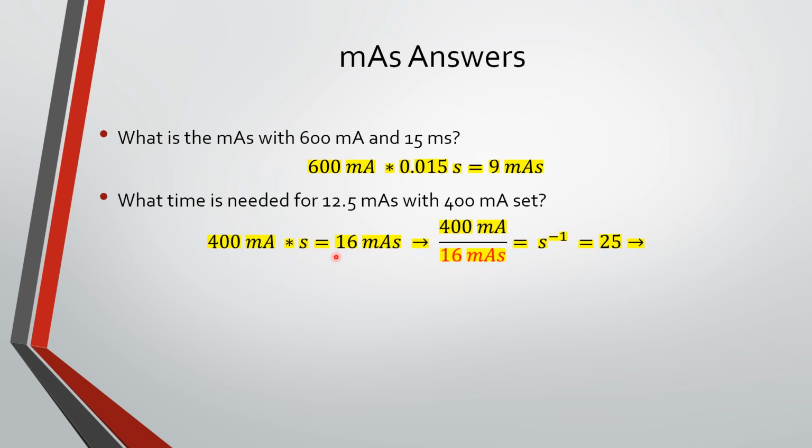We'll make this semi-complicated. Just to be more mathematical, we can easily divide this by 400 right here, and the mA and mA will cross out, and we'll get the seconds out. But we're going to do it a little more complicated, why not?